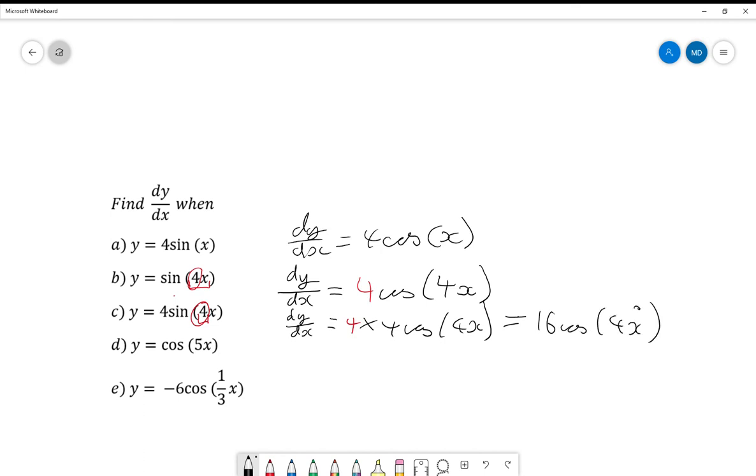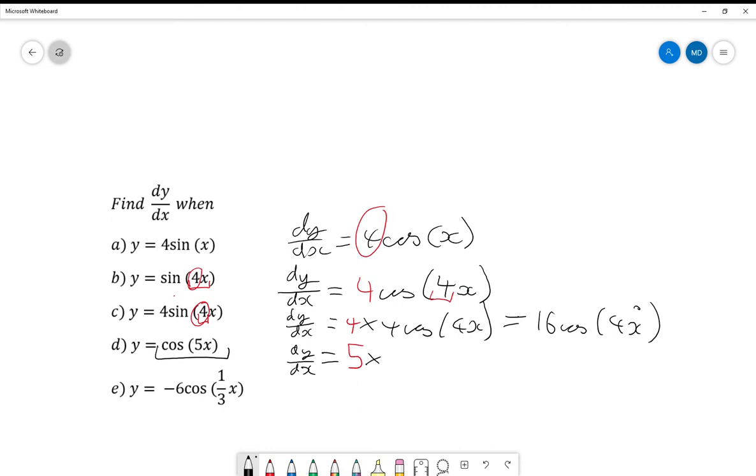Notice how things on the outside don't affect anything, they just kind of sit there, but things inside are going to come out. Coefficients inside, multiples inside our function, are going to pop out and multiply by the whole thing. So similarly here, for cosine, we're going to get dy by dx is equal to, that 5 is going to pop out and multiply by the whole thing.